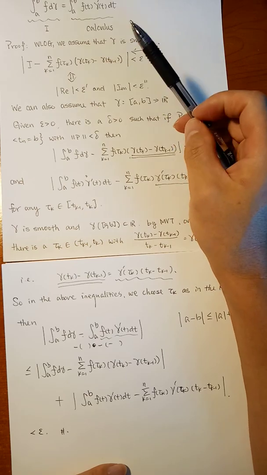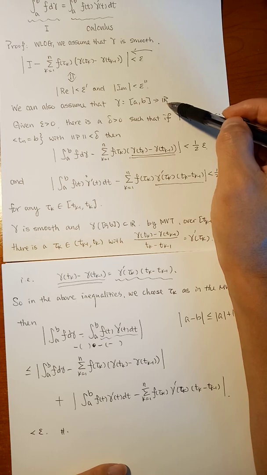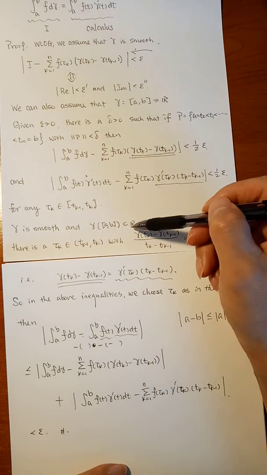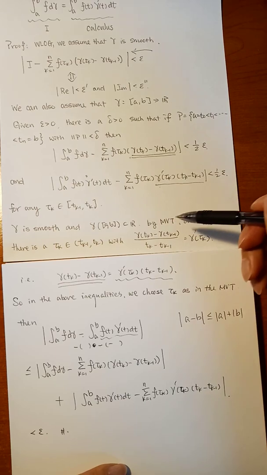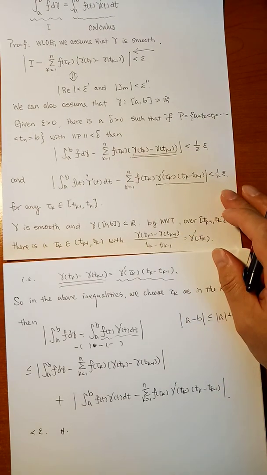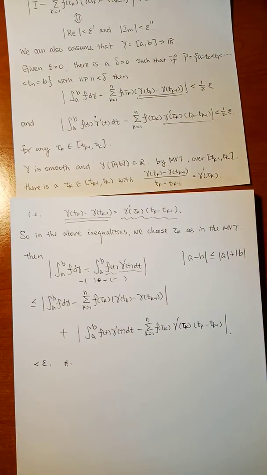But it does not lose generality. Also, this condition is useful because only for a real valued differentiable function do we have the MVT. If it's not real valued, we cannot apply the MVT. All right? So this is Theorem 1.19.